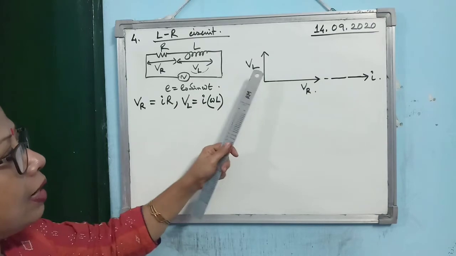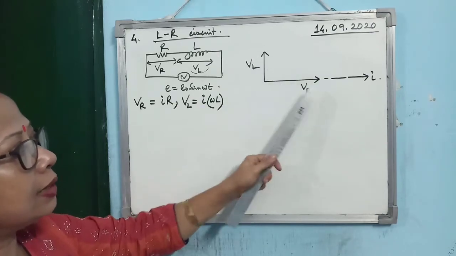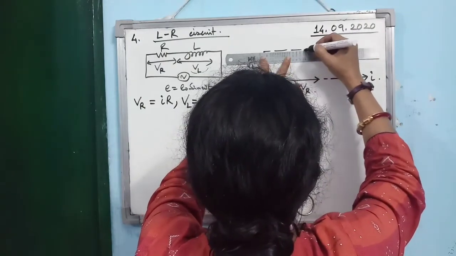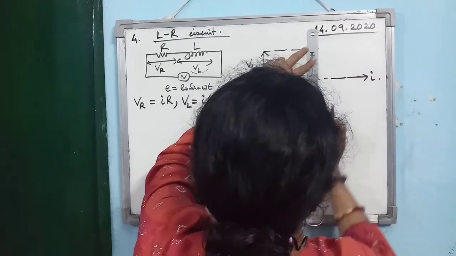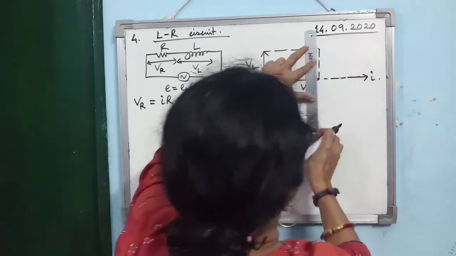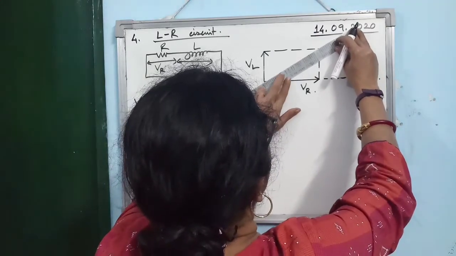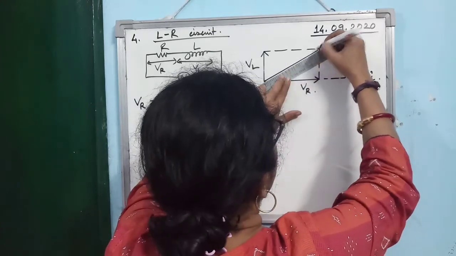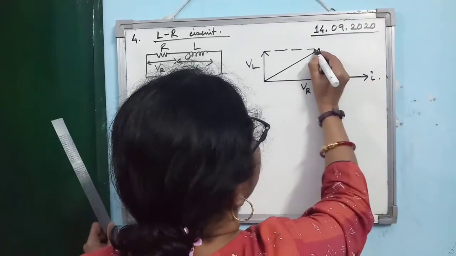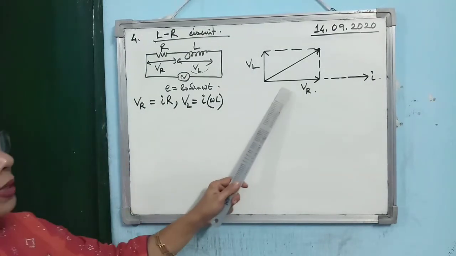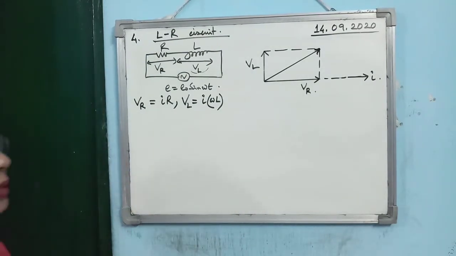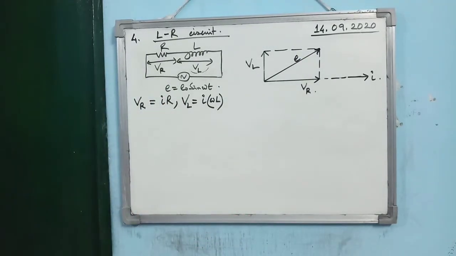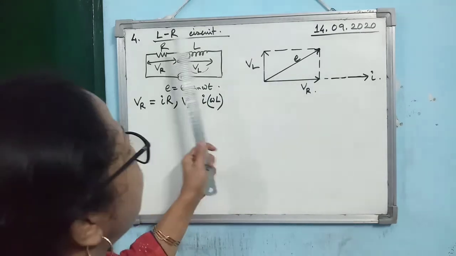If you consider VL and VR, these are two vectors, then applying the parallelogram law, the resultant of VL and VR will be the diagonal of the parallelogram representing VL and VR by its two adjacent sides. So this will be the EMF, the net EMF applied in the circuit.